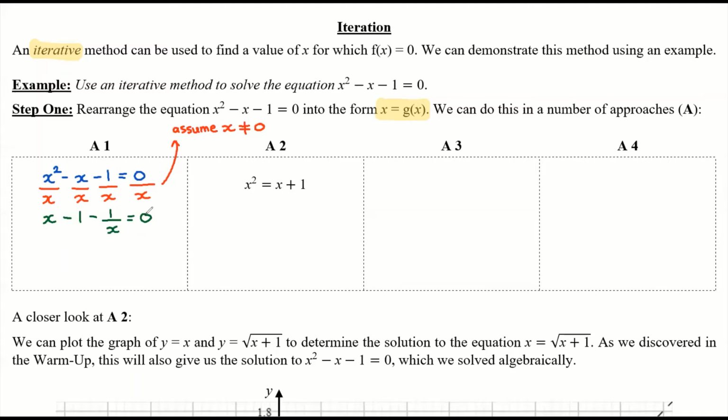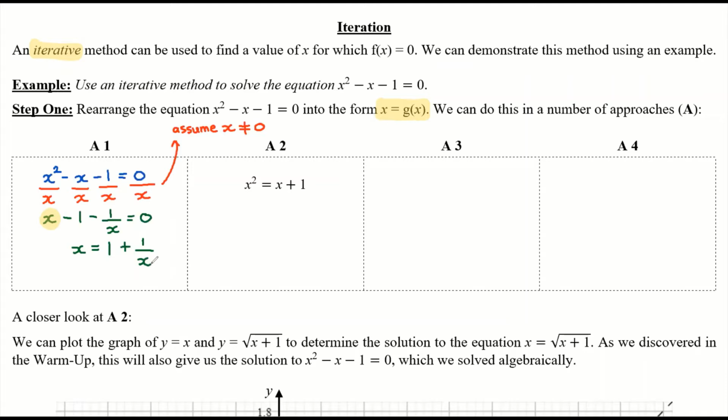Okay, now what I can do is keep 1x on the left-hand side and move everything else over to the right-hand side. So the x I'm going to keep is this one. If we add 1 and then add 1 over x to both sides, we'll get x is equal to 1 plus 1 over x.